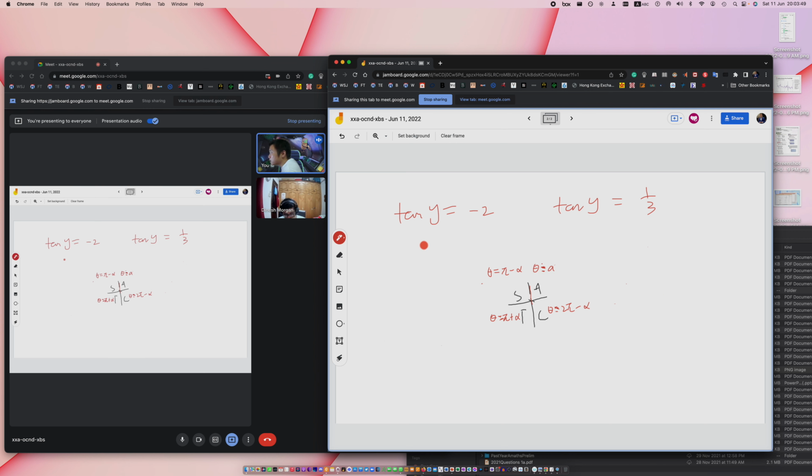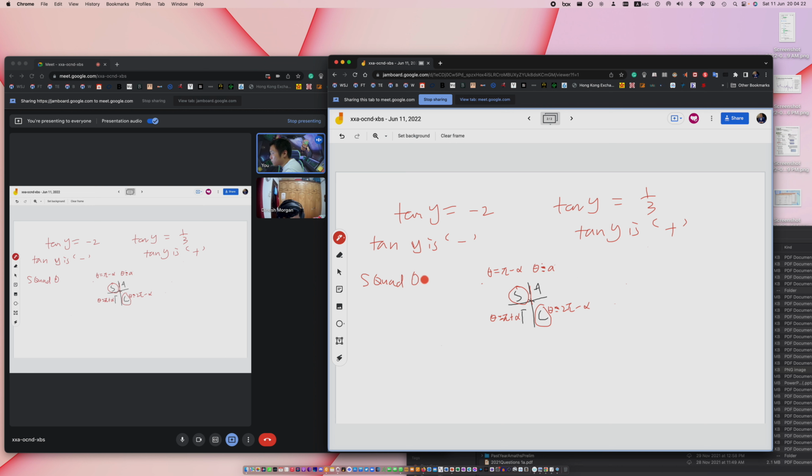First thing first, I will write down: tangent y is negative, and here tangent y is positive. Tangent negative is the S and the C quadrants.